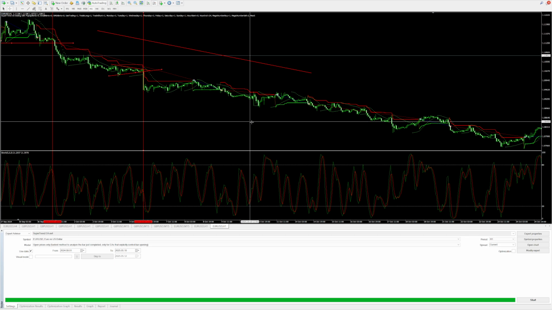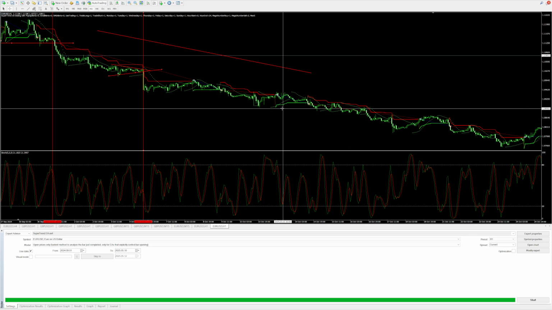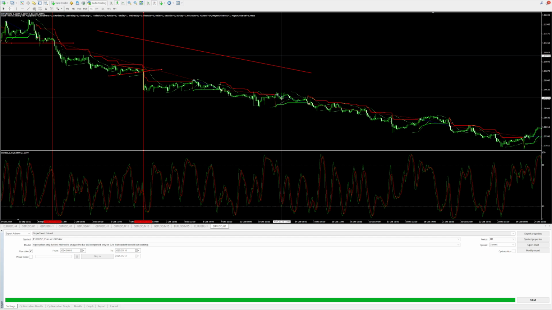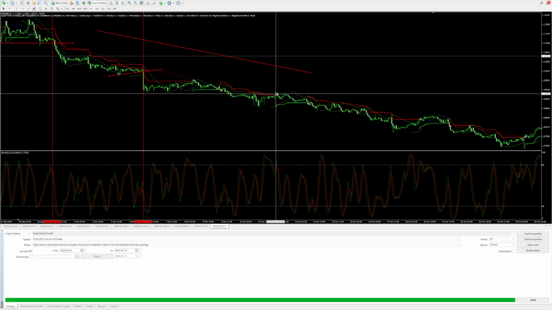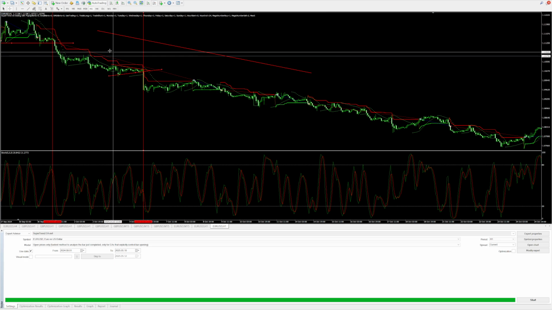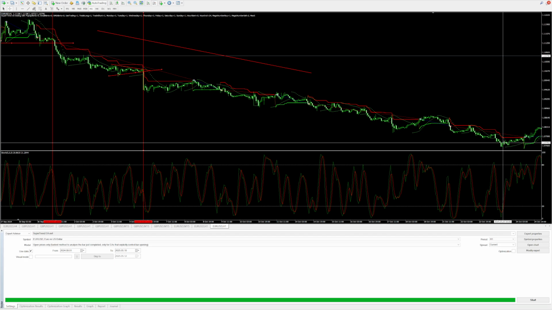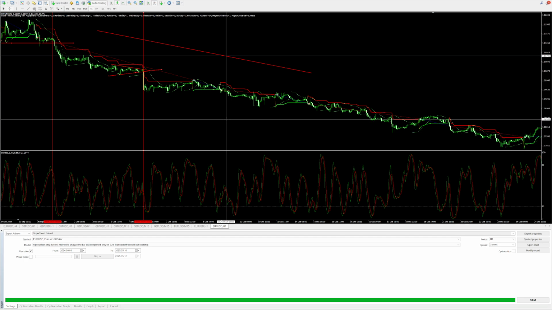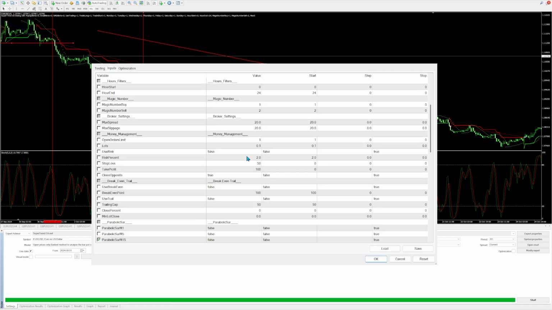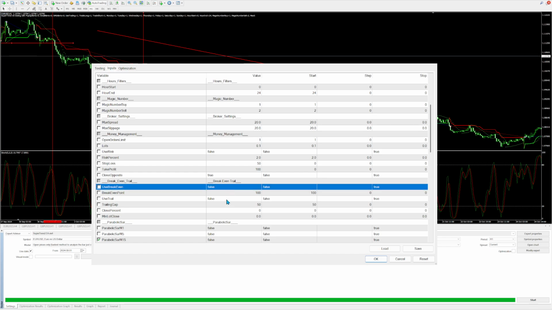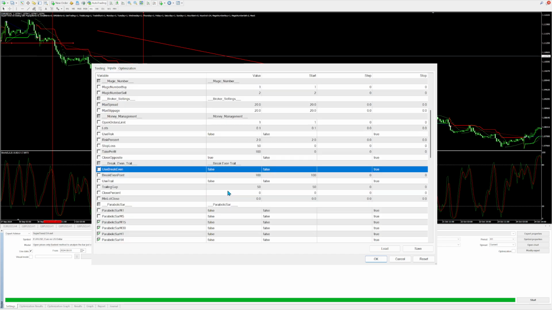You could have taken that breakout there, obviously using the stochastic as a pullback indicator. You know, there's ample opportunities to enter on this downtrend, but ideally we want to get in as early as possible, and certainly don't want to sell, you know, near the low, just as we don't want to buy near the high.